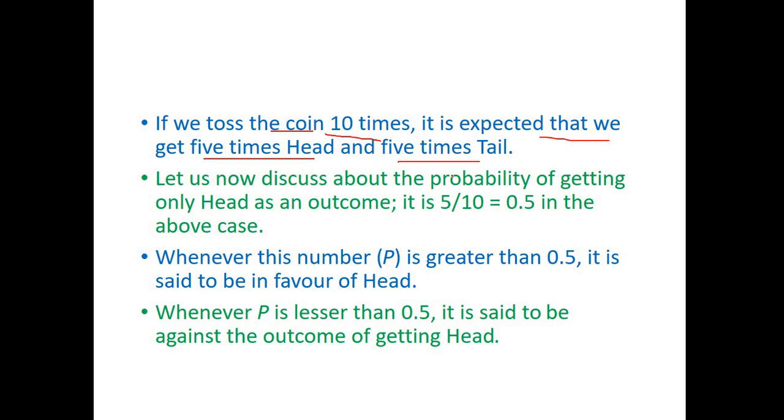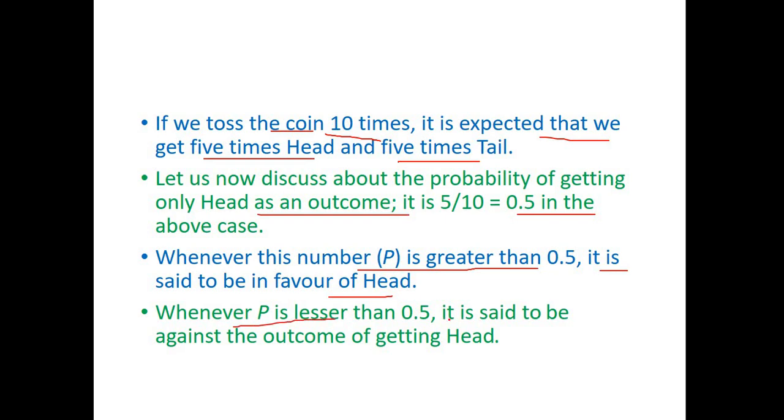Let us now discuss the probability of getting the head. The probability of getting a head is 5 by 10, that is 0.5 in the above case. If p is greater than 0.5, then we can say that the coin favors head.